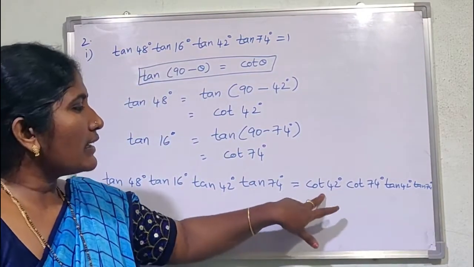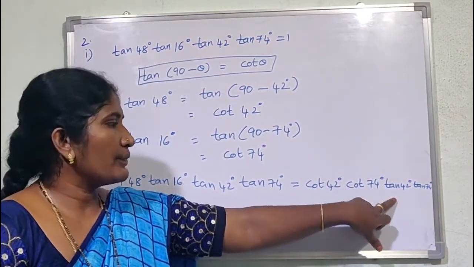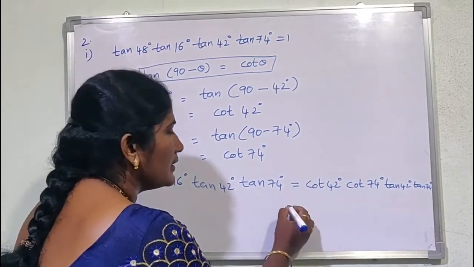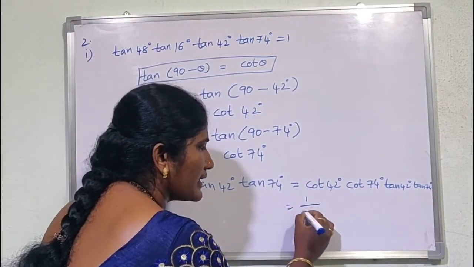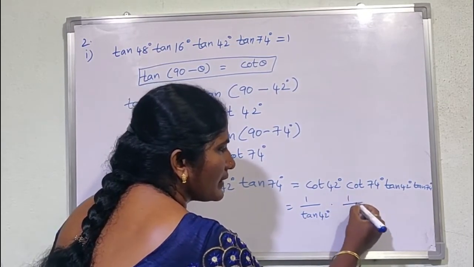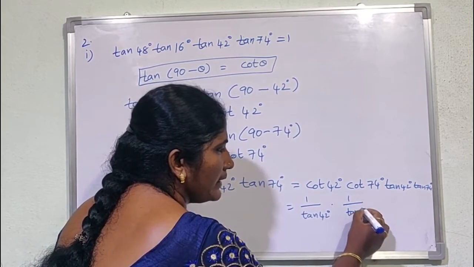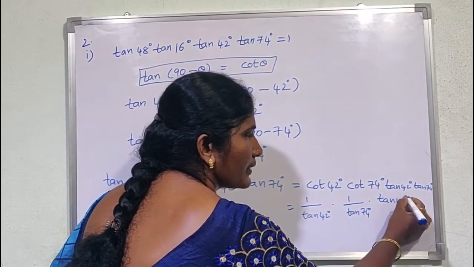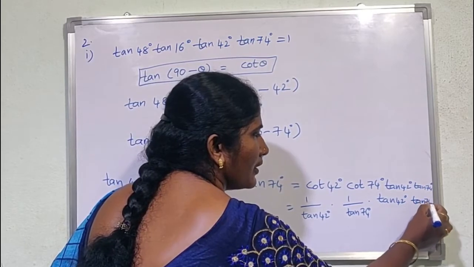So we know that cot and tan are reciprocals. The product of two reciprocals is 1. Here, instead of cot 42, we can write this one as 1 by tan 42. Instead of cot 74, 1 by tan 74 into tan 42 into tan 74.